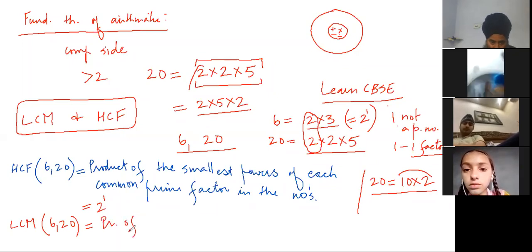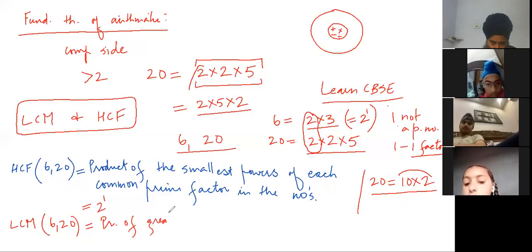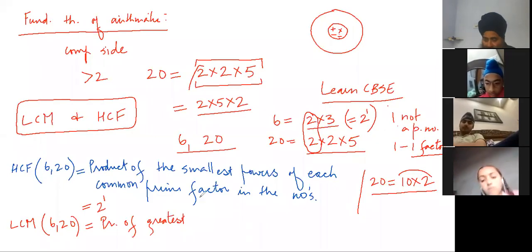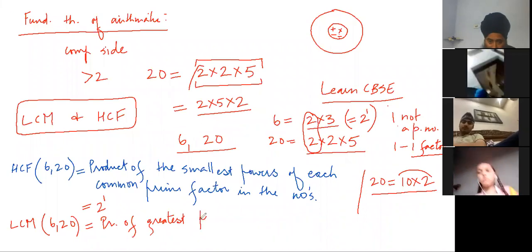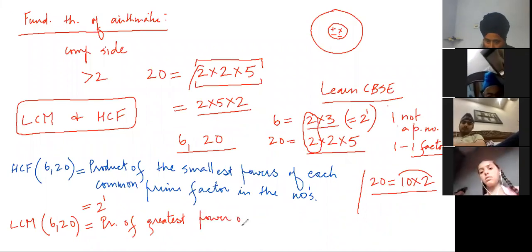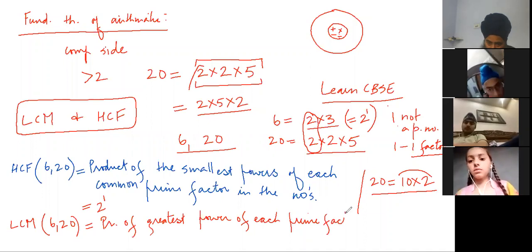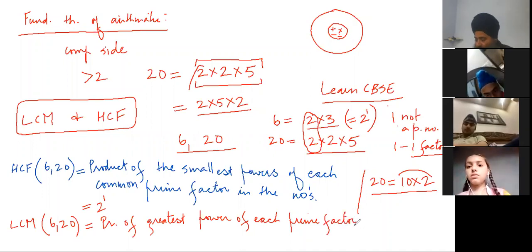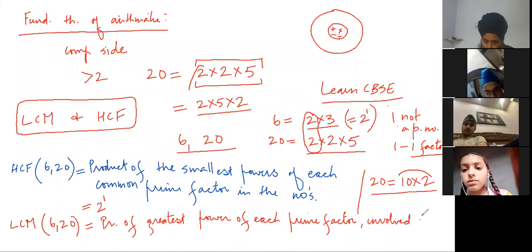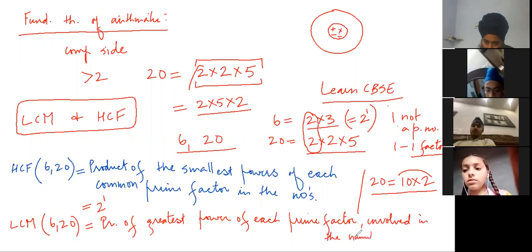Product of the greatest power of each prime factor involved in the numbers.